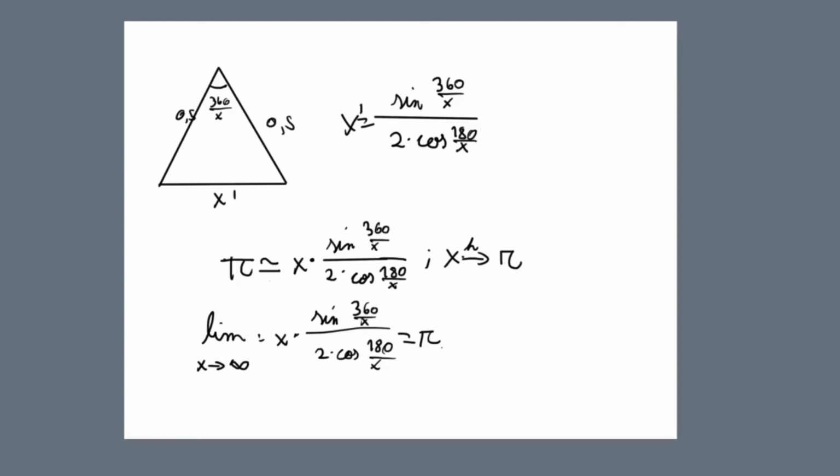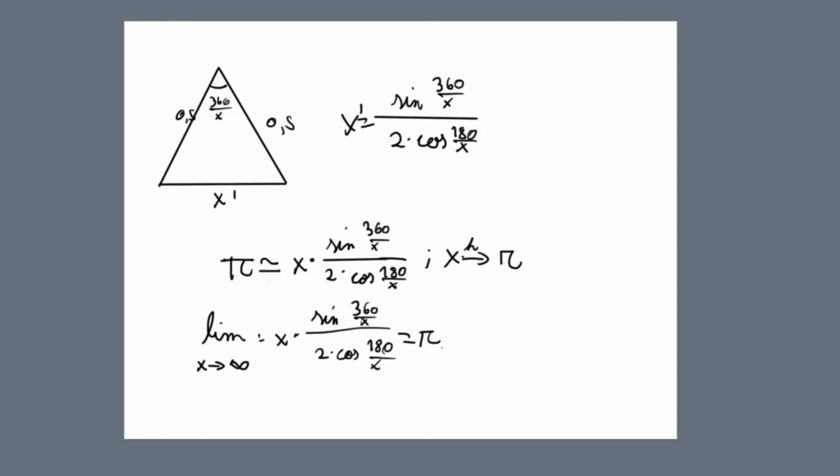Oh wait, it's the cosine, not the sine. Okay, yes, perfect. Divided by a parenthesis of 2 multiplied by another parenthesis, 180 divided by x, 1000 in our case, closing the parenthesis, putting a cosine, and closing the parenthesis.